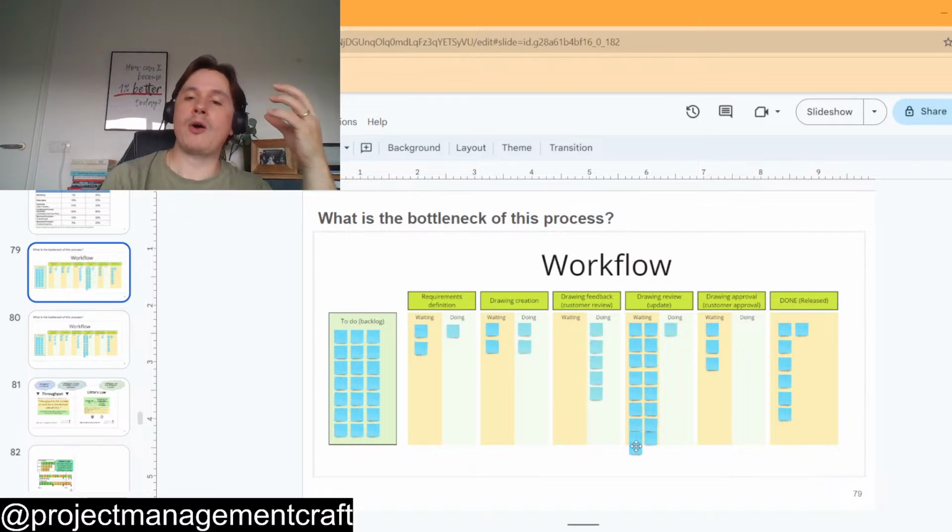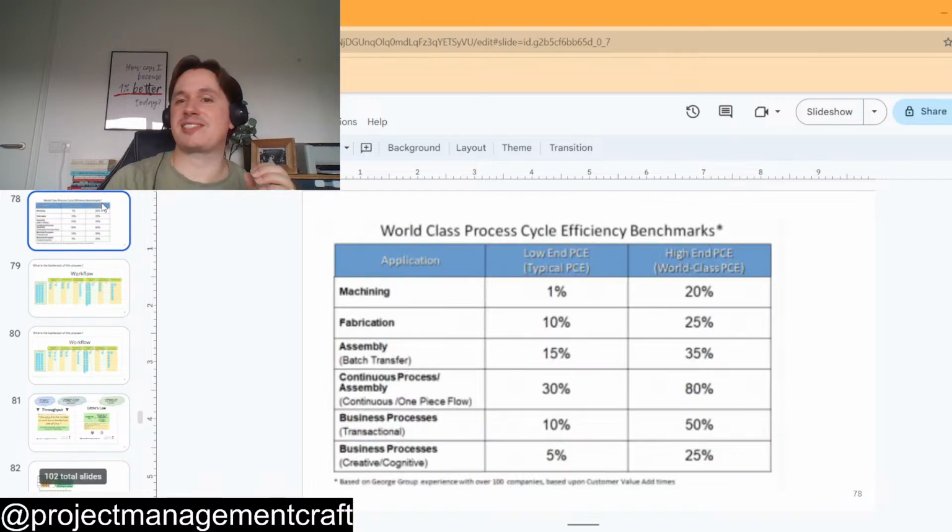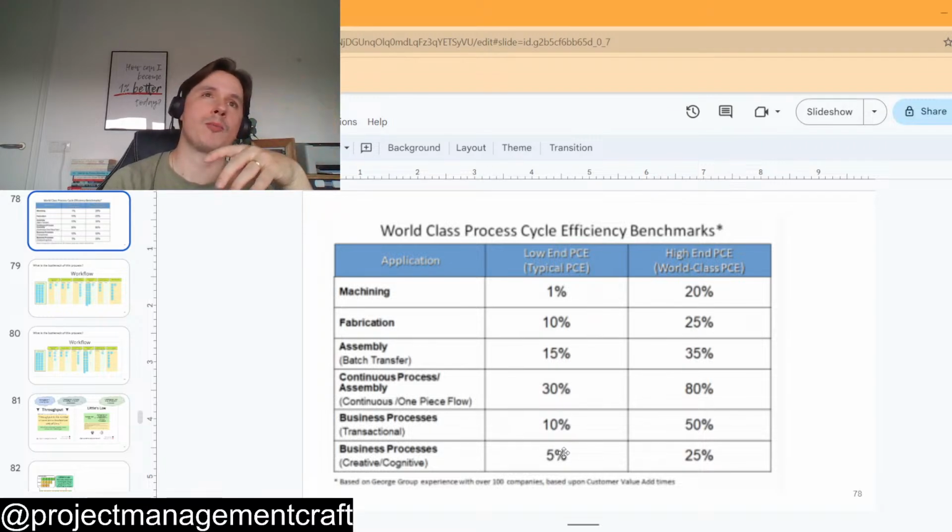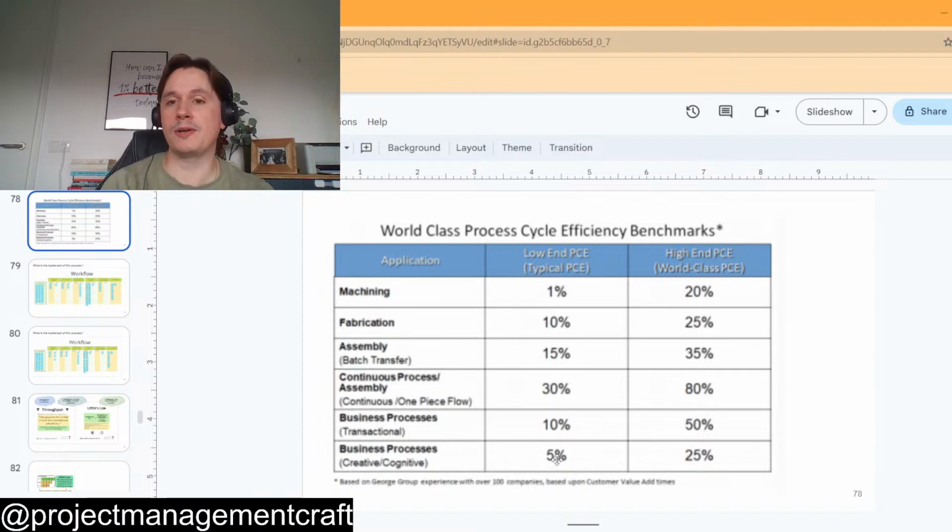But not all companies are clear about what the bottlenecks in their process are, or what exactly their process cycle efficiency is. Why is this important? I'm talking about a typical company, but if you go to a company that is very bureaucratic in how it operates, this number can be even lower.